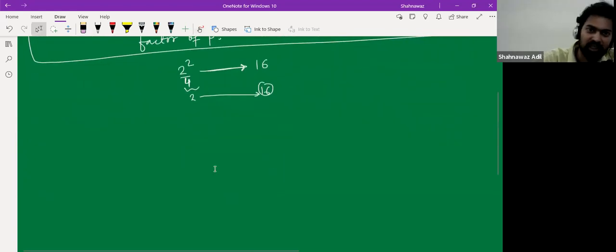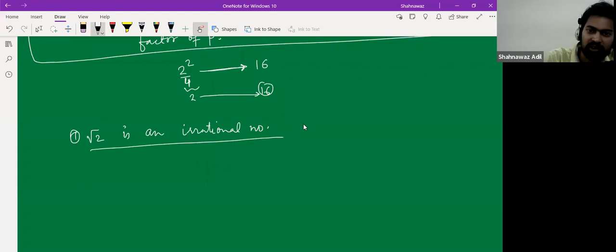Okay. So now we have to prove that root 2 is an irrational number. What we do is use the reductio ad absurdum method.